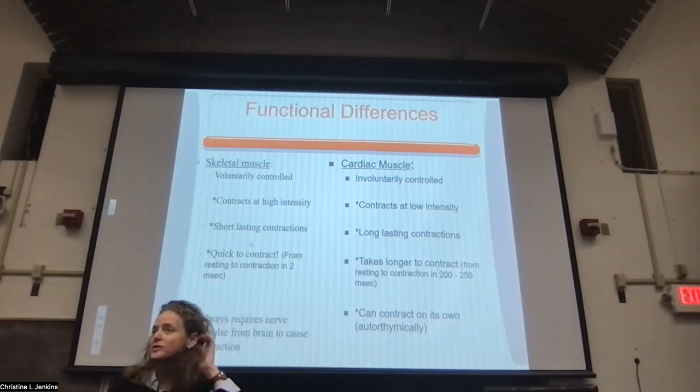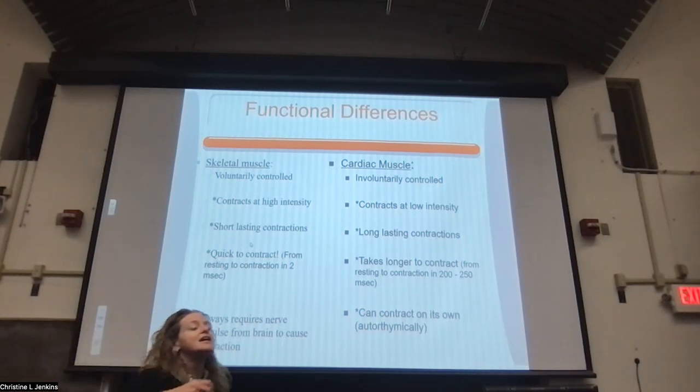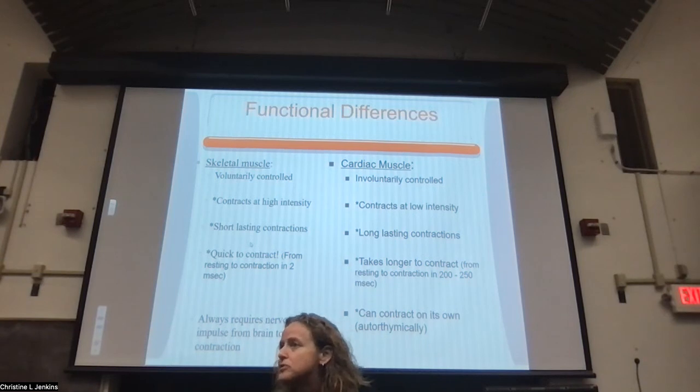A little preview of what's to come in A&P2. There is a very small amount of cardiac muscle tissue that is called autorhythmic. And what that means is there's a small amount of cardiac muscle tissue that can contract on its own. You've heard of the SA node, haven't you?